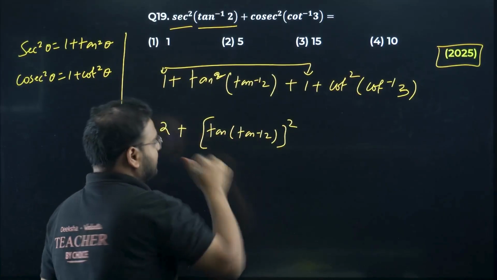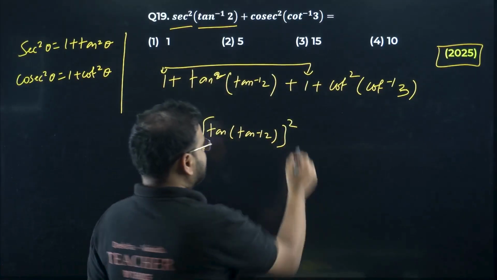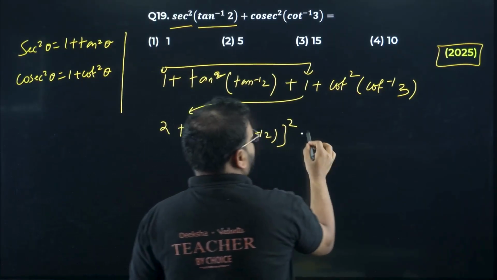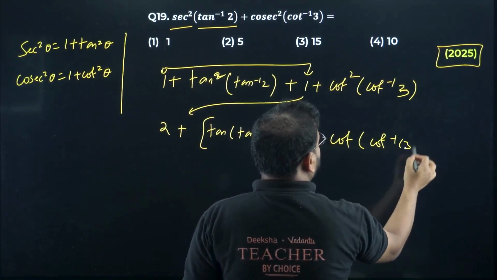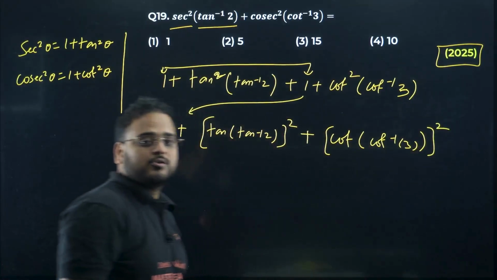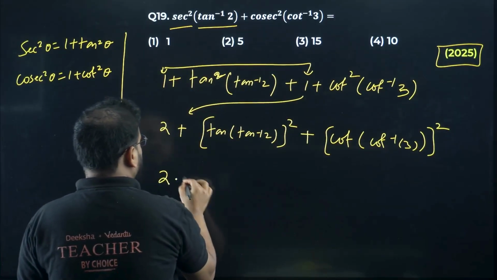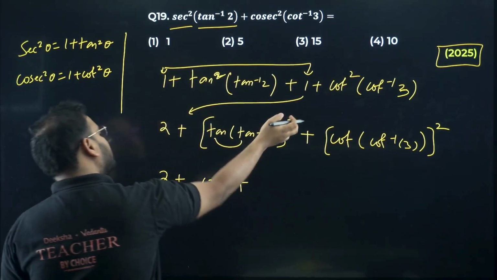This is the whole square. Here the square was on the tan, so that's why I've taken it for the entire thing. Same way I'll do with cot inverse of 3, take the whole square. So I get 2 plus, this will give me the result as 2, so 2 square, because this is a square.